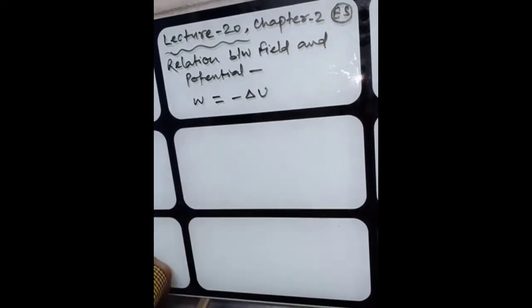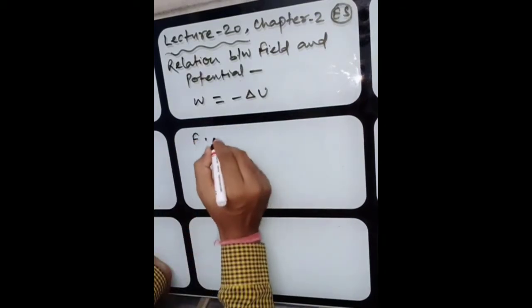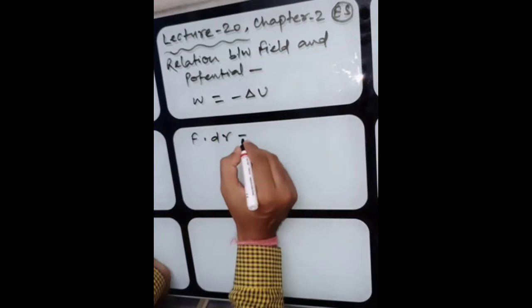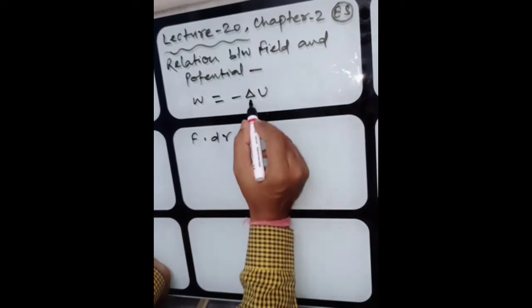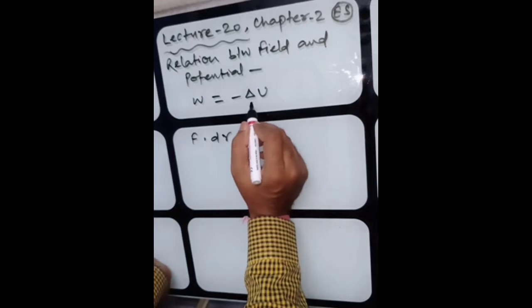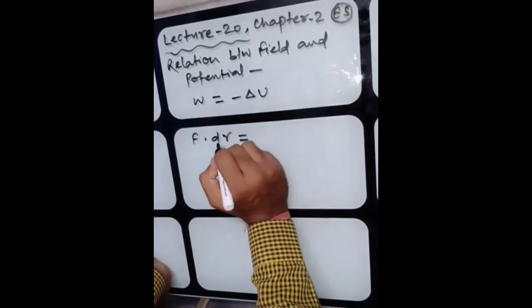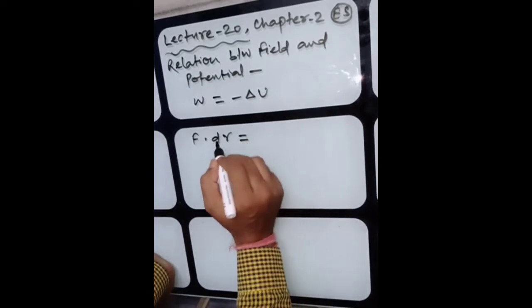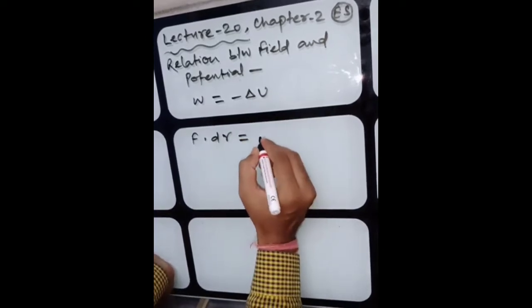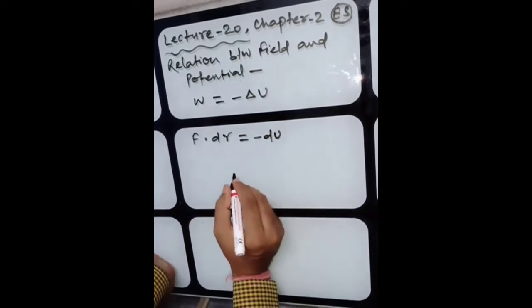So we can write this work done as F dot dr, and this delta, which is the mathematical operator, we can use with the proper limit to give you the d, that is the derivative tool. This can also be written as minus dU.